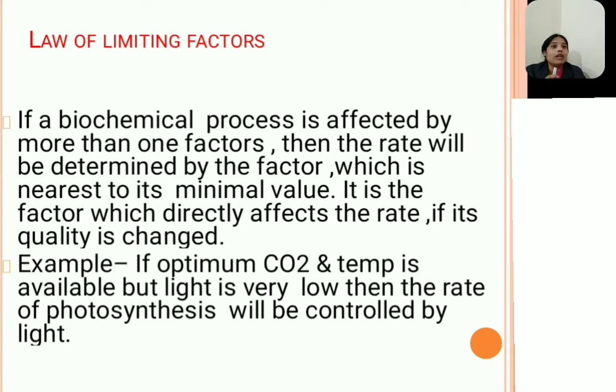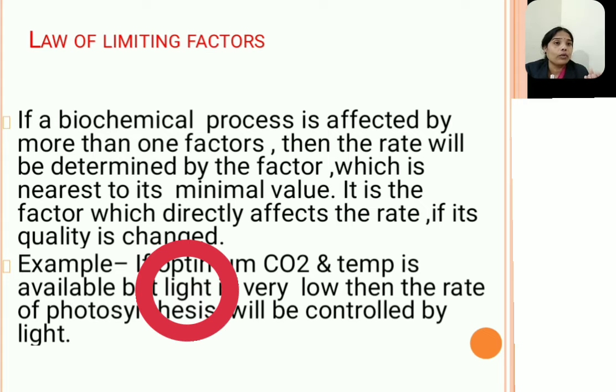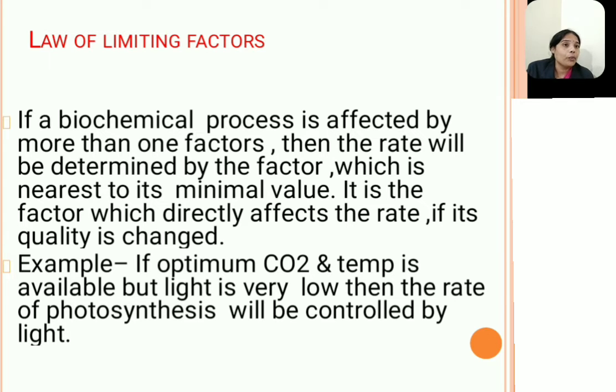Here oxygen and carbon dioxide are optimum, temperature is also optimum, but light is very low, so the limiting factor here is light. So the rate of photosynthesis depends on the lowest limiting factor; here light is very low, so the rate of photosynthesis will be controlled by the light.